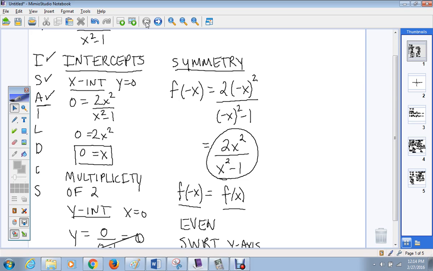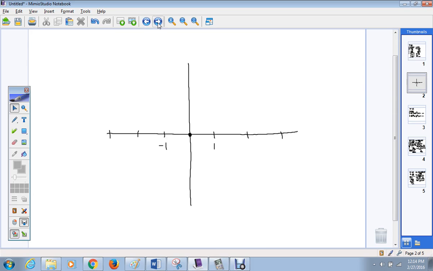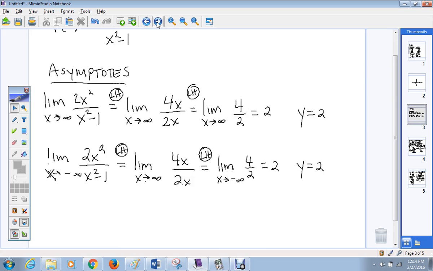Next, our asymptotes. We have a horizontal asymptote at y equals 2. And also we didn't check for our vertical asymptotes. We know vertical asymptotes would come from setting the denominator equal to 0. So we'd have vertical asymptotes at plus and minus 1.